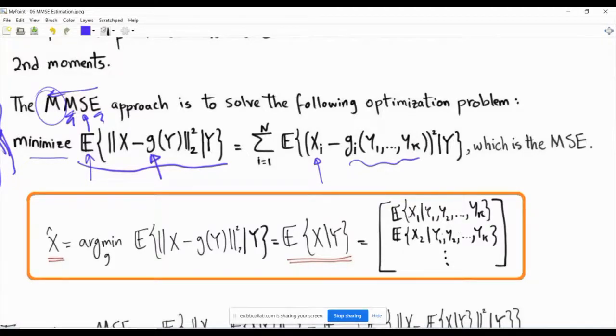The second function is the conditional expectation of x2 given y1, y2 up to yk, and so on. So the solution to this problem, your best estimate in a minimum mean squared error sense, is the conditional expectation of x given y.